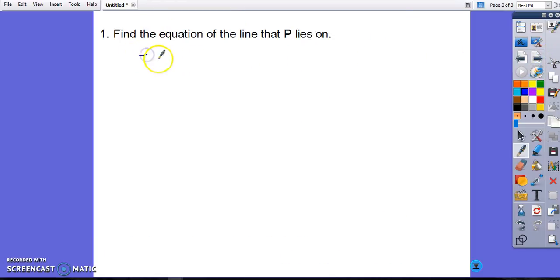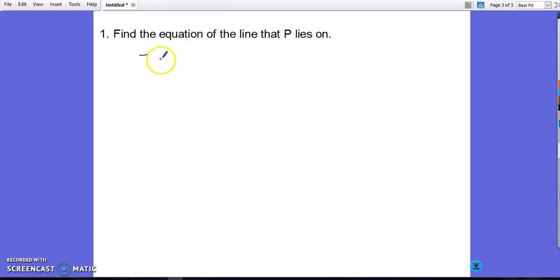So we know about the line that this line is perpendicular to G, which is x plus 2y is equal to 7.